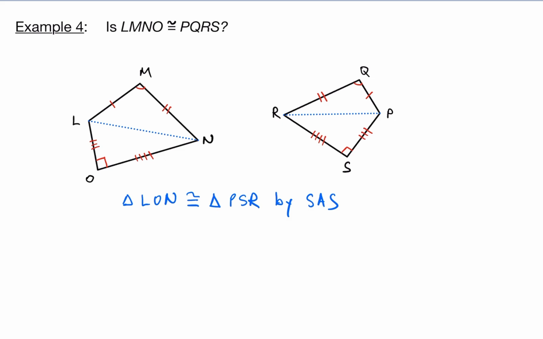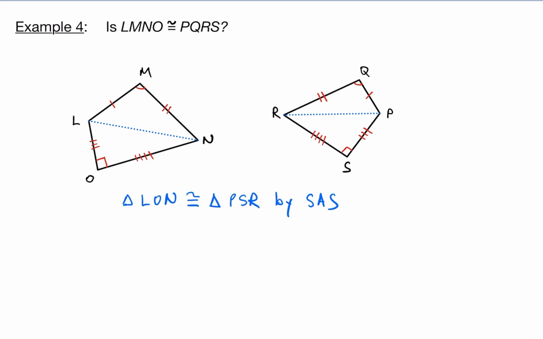Okay, we're going to look at triangle LMN and triangle PQR. Okay, so we have side LM with 1 hash mark, and that is congruent to side PQ with 1 hash mark. And then we have this marking at angle M telling us that it is congruent to angle Q. Okay, and then we also have side MN with 2 hash marks, and that is congruent to side QR with 2 hash marks.